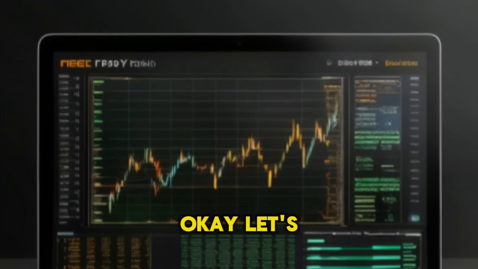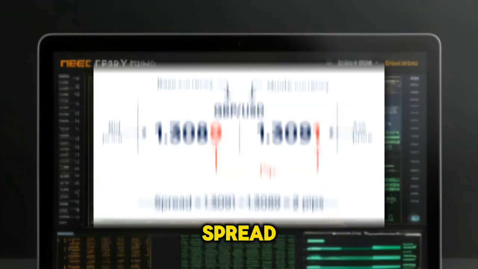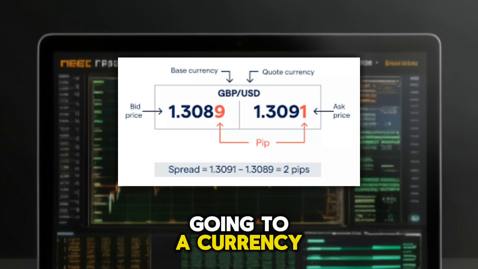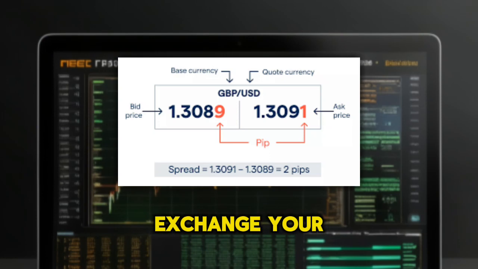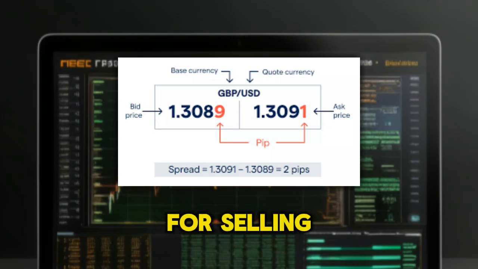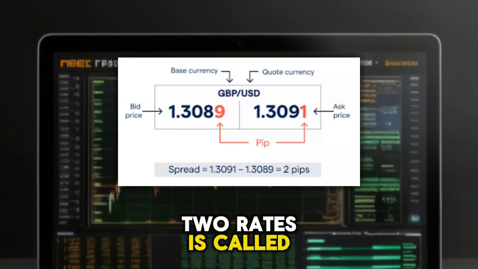Okay, let's move on to the next item, spread. Picture going to a currency exchange booth at the airport. When you want to exchange your money, the rate they offer you for buying foreign currency is higher than the rate they'll pay you for selling it back. The difference between these two rates is called the spread.